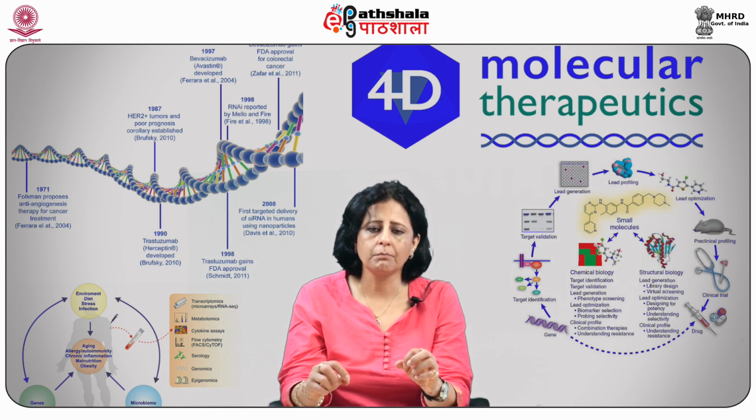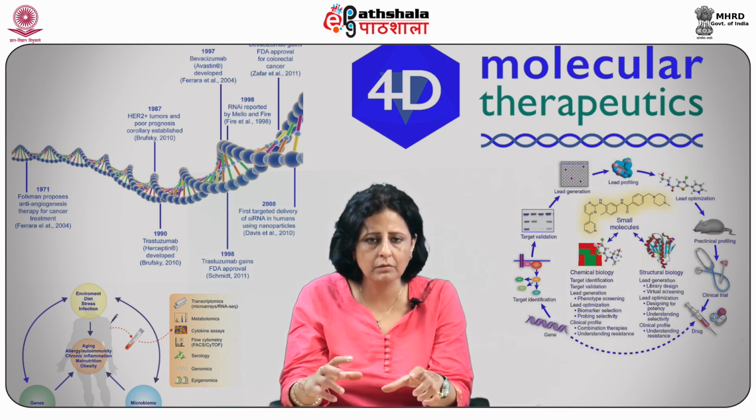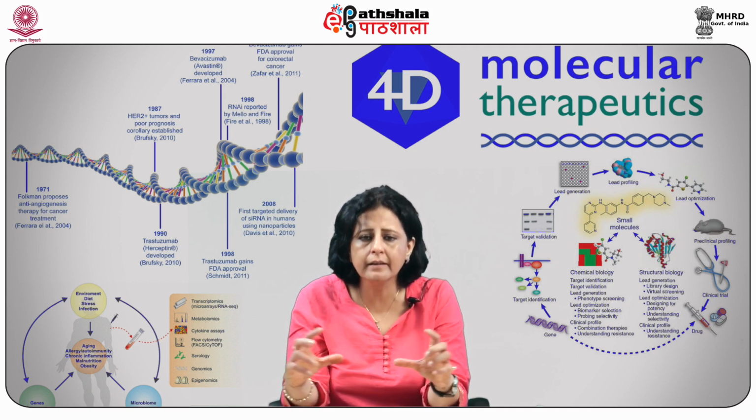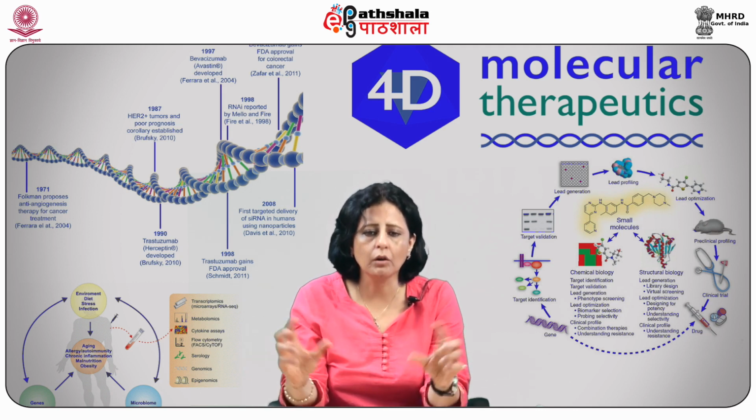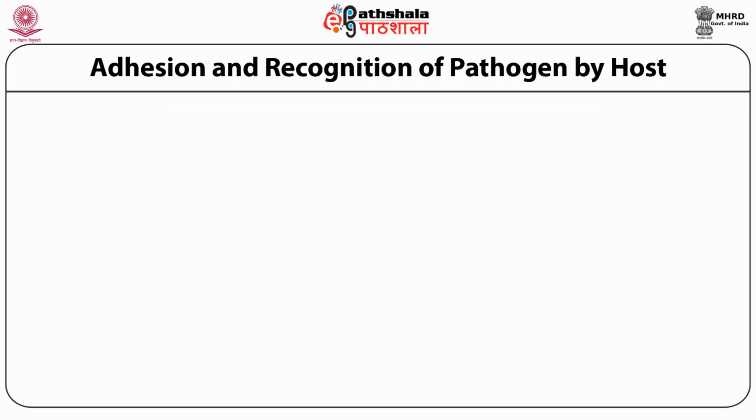Despite the presence of multiple host defense mechanisms, bacterial pathogens have evolved a wide range of strategies to colonize and invade human subjects. After the adhesion, how are the pathogens recognized by the host?